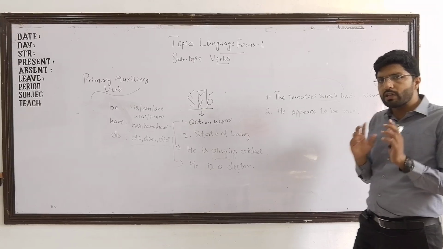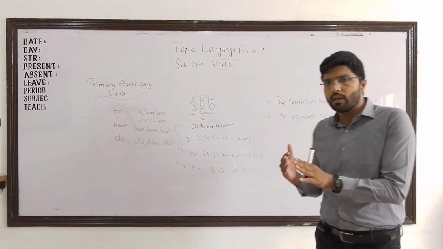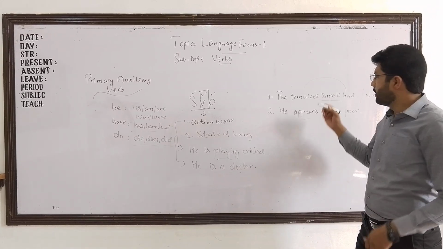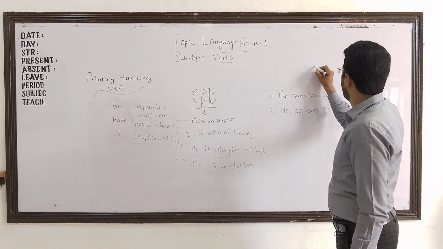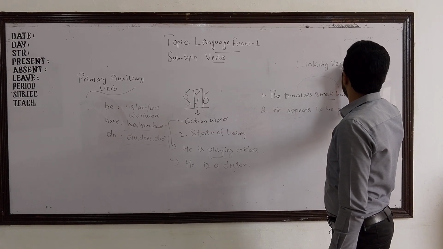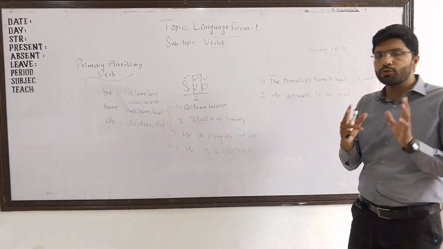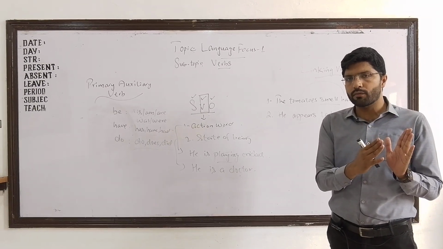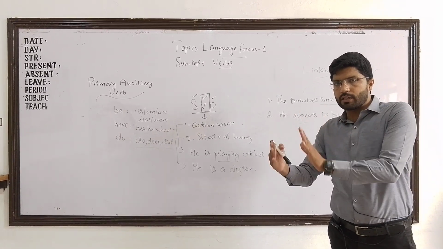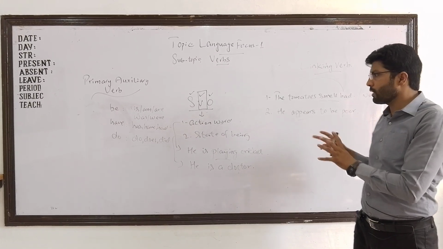So the word which creates a link between the subject and an adjective or a noun is called a linking verb. Linking verbs are those words which we use to show the connection between the subject of the sentence and the adjective or a noun. This is the only function of a linking verb: to show the connection.